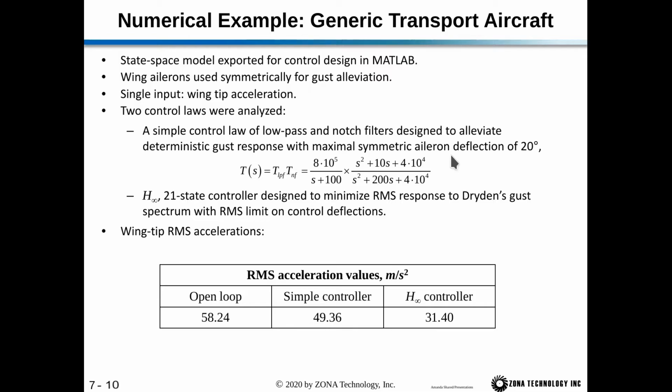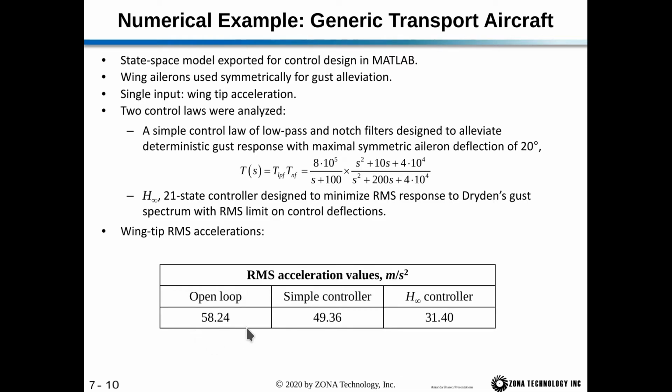And then secondly, we designed an H infinity 21 state controller designed to minimize the RMS response due to Dryden's gust spectrum with the RMS limit on control deflections. We then import these two controllers back into ZAERO and take a look at the wingtip RMS accelerations.